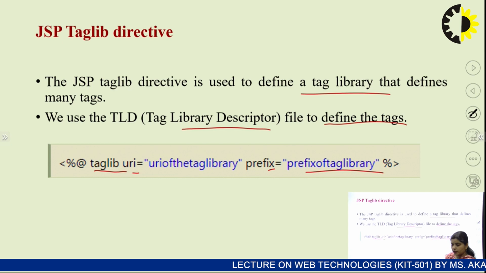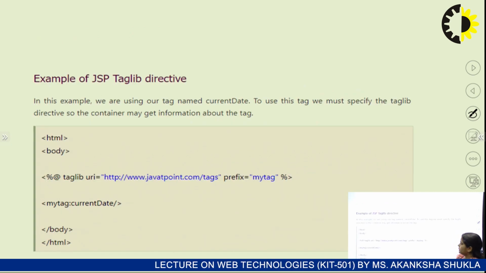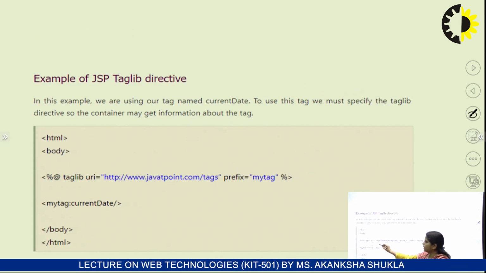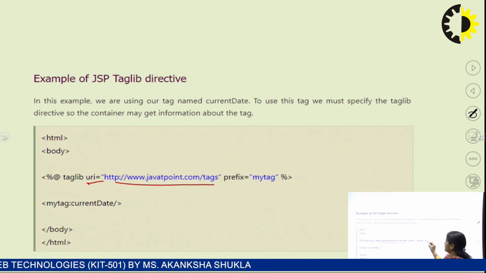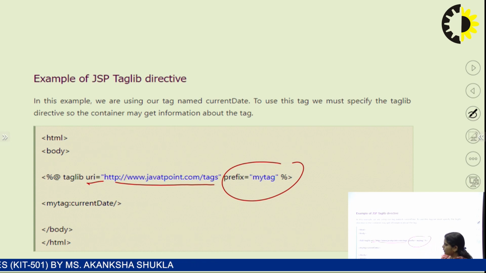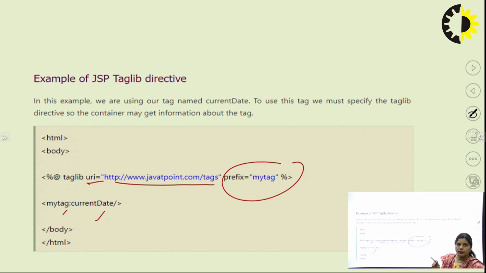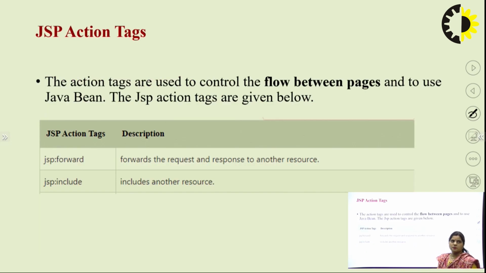For example, the taglib URI is given here and the prefix is mytag. Now mytag:currentDate is going to display that. If you are using our tag named currentDate, to use this tag you have to specify the taglib directive, so that the web container gets the information about the tag from here only.